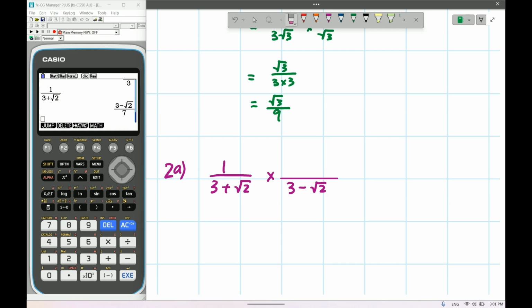So in this case, it will be 3 minus root 2. And likewise, whatever is on the bottom is on the top. Okay. And so we're just going to expand this out. So the top would become 1 times brackets 3 minus root 2. And then the bottom would become 3 plus root 2 times 3 minus root 2.